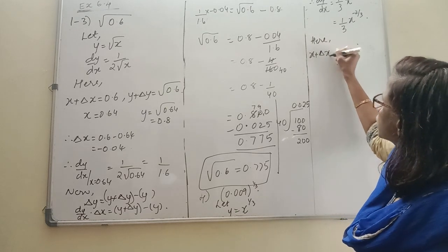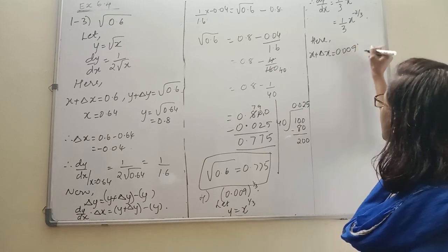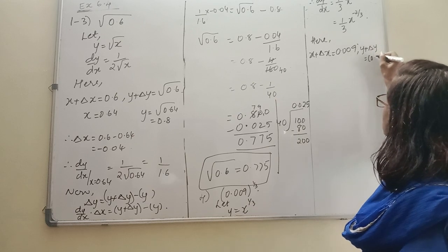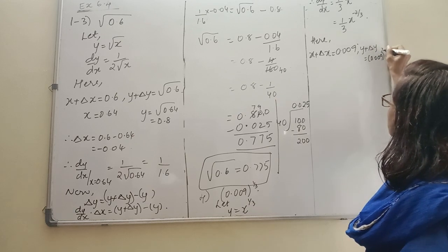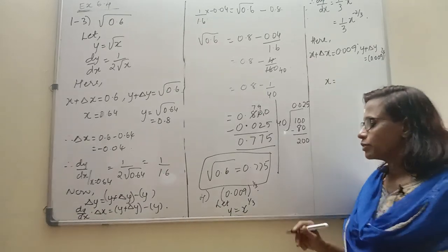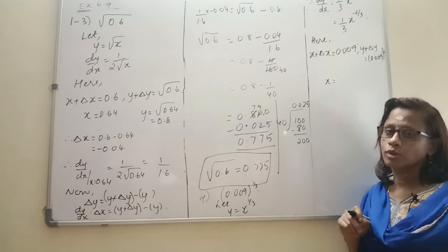We don't have to think at all. It is 0.009, and y plus delta y also we don't have to think at all. It is 0.009 raised to 1 by 3. Then x we have to think, which is a standard value that is close to 0.009, whose third root we know.